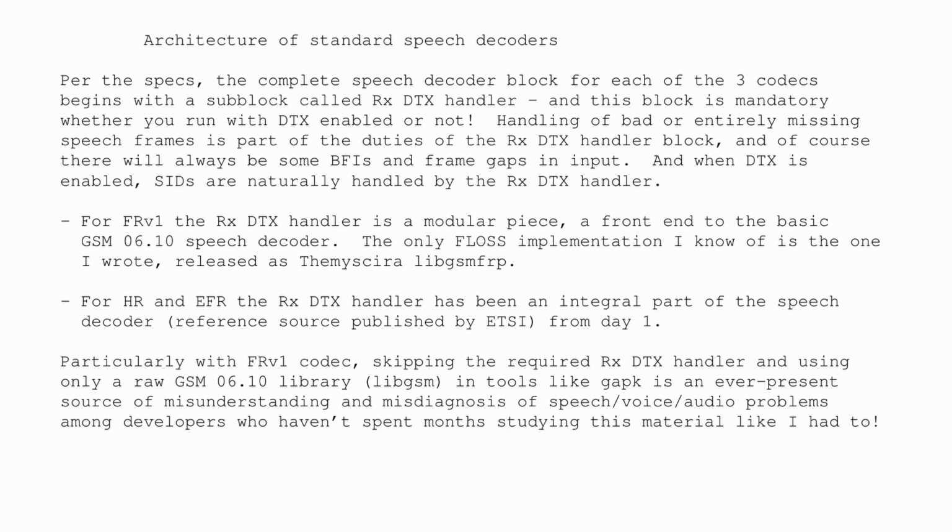And what I found so strange is when I first figured all of this out a few months ago, I think it was like October or November last year, I searched high and low amongst the existing body of free software, and I was unable to find an existing implementation of FR1 RxDTX handler. So I had to write it myself.